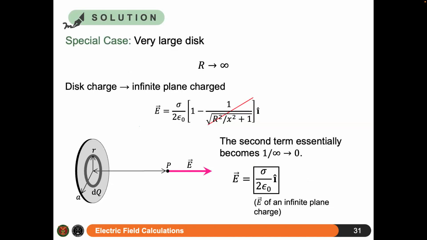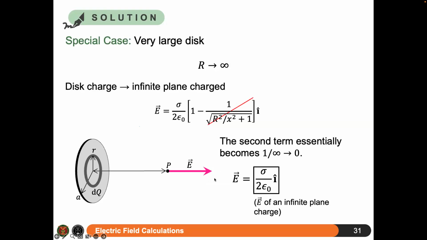If the disk is very large, so R approaches infinity, then you have 1 over something very large, which means this goes to 0. We are left with just sigma over 2 epsilon naught. Sigma is used because this is a surface charge.